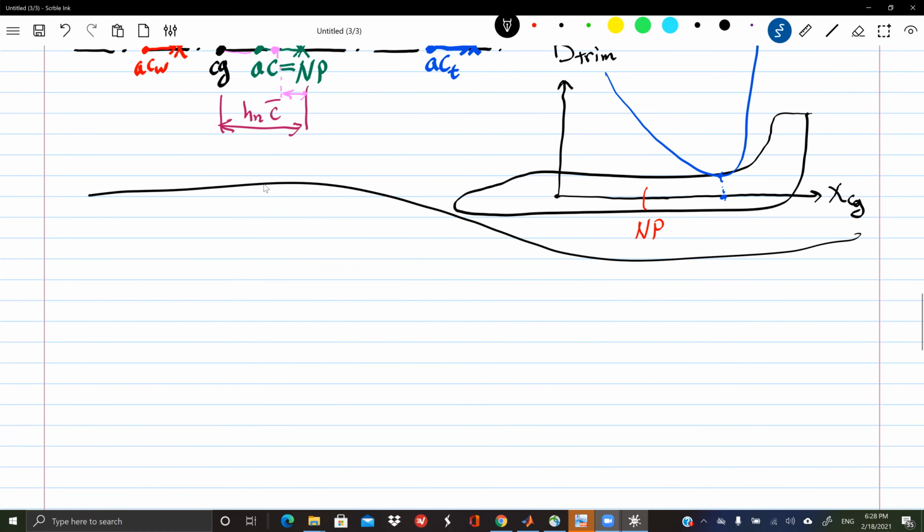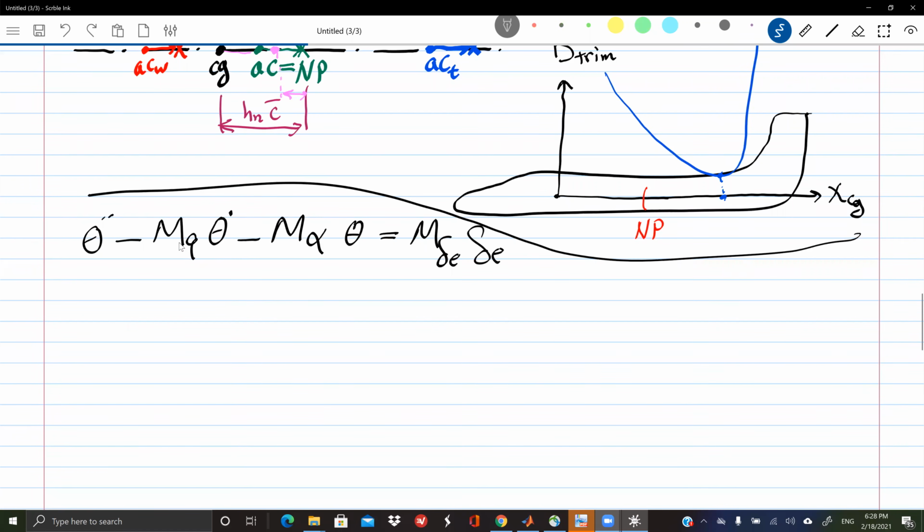How do we design a feedback controller? I have here theta double dot minus m_q theta dot minus m_alpha theta equals m_delta-elevator times delta elevator. Assume that this is my equation of motion. I don't have enough stiffness and don't have enough damping.